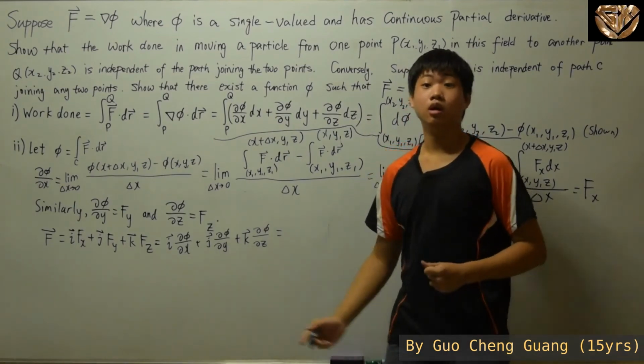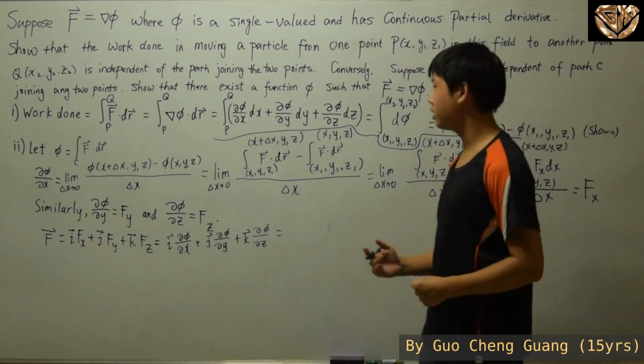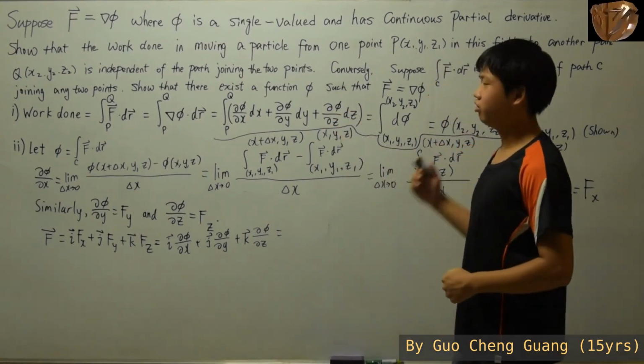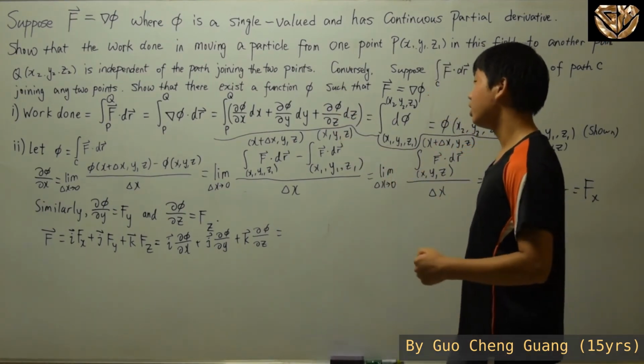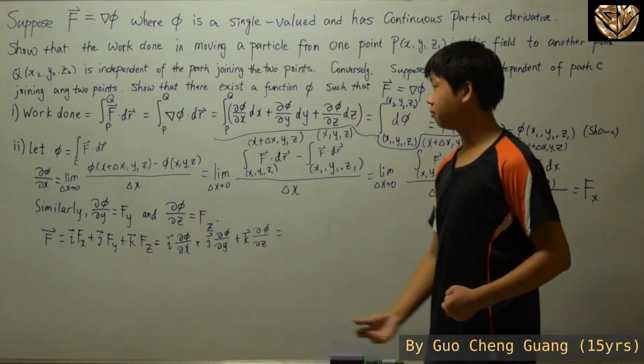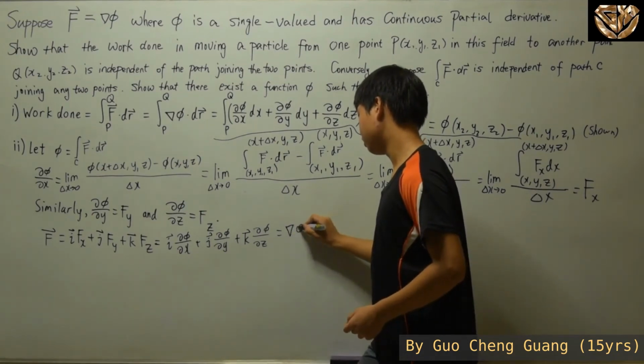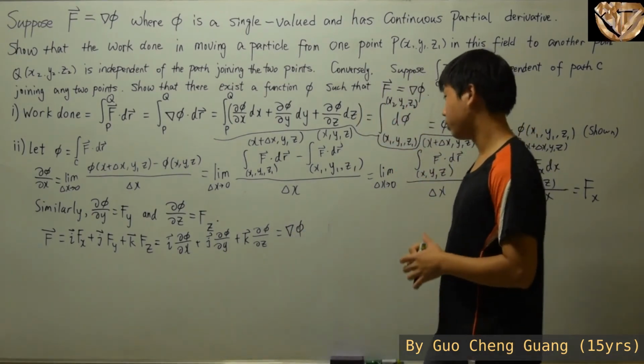Does this look familiar to you? You can technically look above and find what's so similar. Actually, for these parts here, that would just be del phi. Oh, how is it so simple?